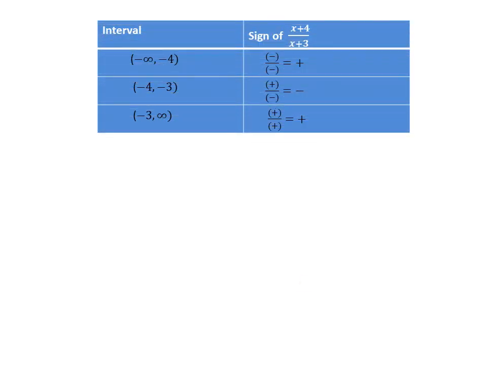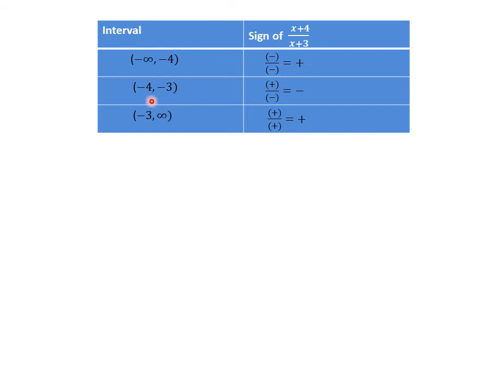So now we can draw the table: the interval, then the sign of (x plus 4) by (x plus 3). So the first interval is minus infinity to minus 4. In between these two values, you can take minus 5. If you replace x by minus 5, the numerator gives minus and the denominator also gives minus. So negative by negative is positive.